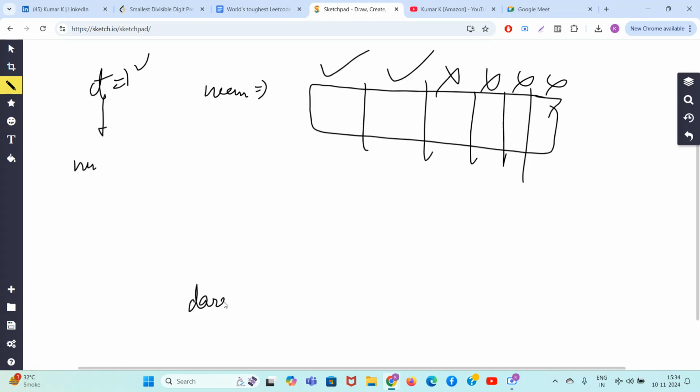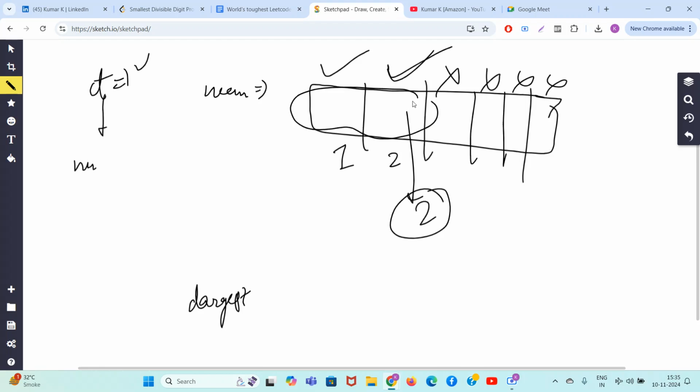Which is the largest prefix? This is 1 2, largest prefix is 2. Why? Because this is the last time when a right condition came. The two numbers, you are able to make sure that they are matching with the final answer which is going to come.